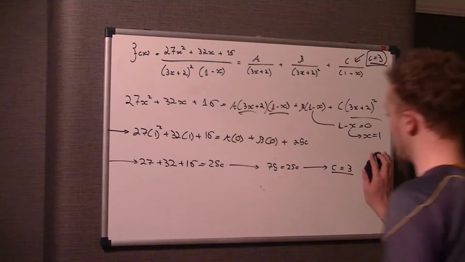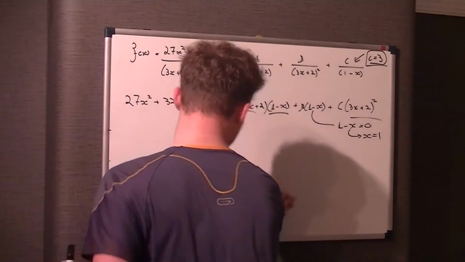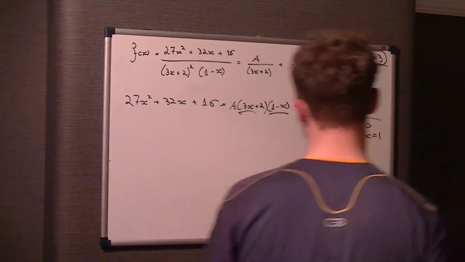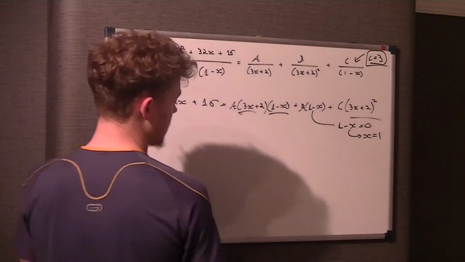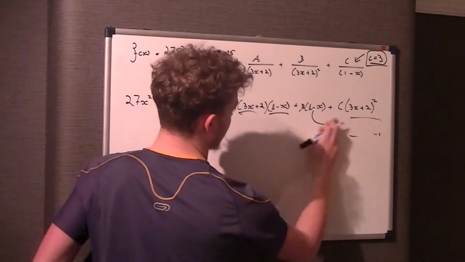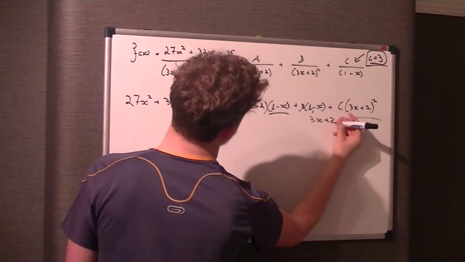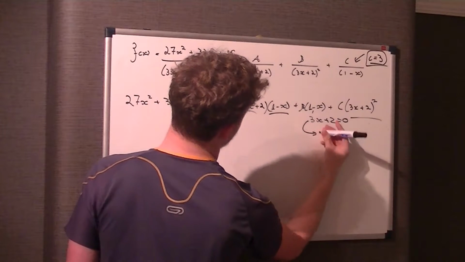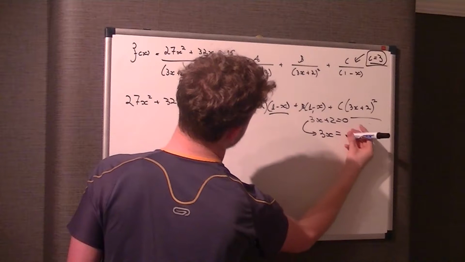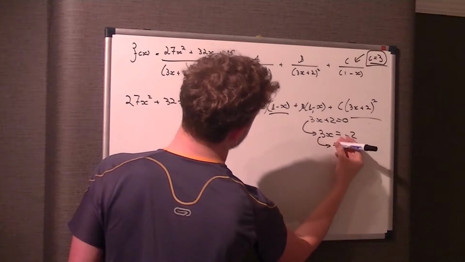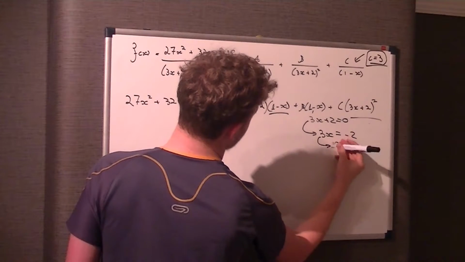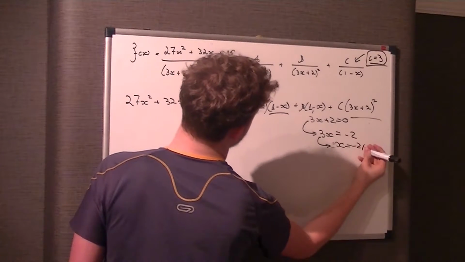Because I like to be certain about these things, and it's very easy to make a simple mistake, if you want to make 3x plus 2 equal to 0, you rearrange it to 3x equals minus 2, so x equals minus 2/3.